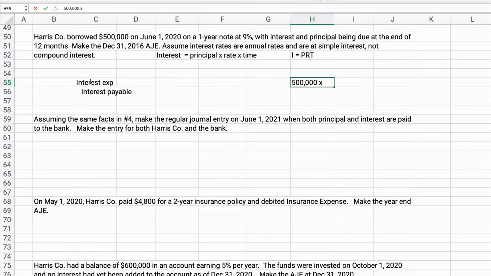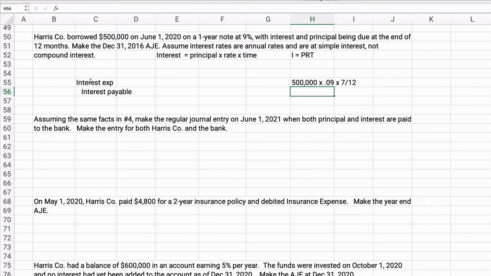So 500,000 times 9%, so that's really 0.09, times how many months? Well, if we have it from all of June, July, August, September, October, November, December, that's 7 months. So we're going to use a fraction, 7 divided by 12. 7 out of 12 months, so we only get to calculate a fraction of the annual interest rate the first 7 months.